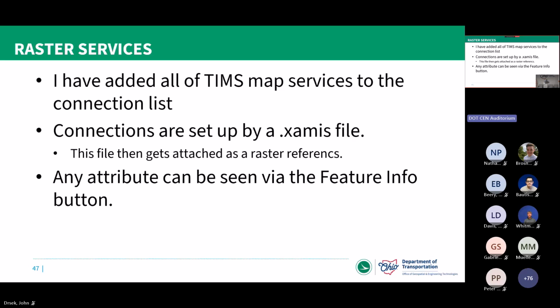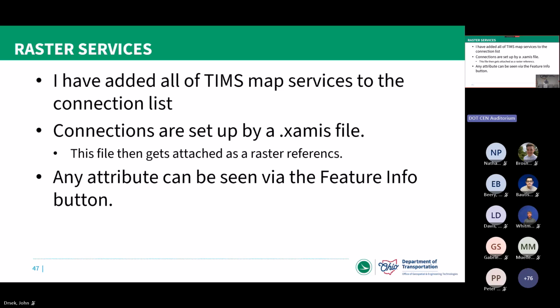I went through and added basically all the services that are in TIMS. I've added all those feature classes, so they're in our workspace now. So you'll see in a couple slides that they'll be in the drop down to make it easier to connect to that data. So for raster services, all connections are set up through this .xamis file.